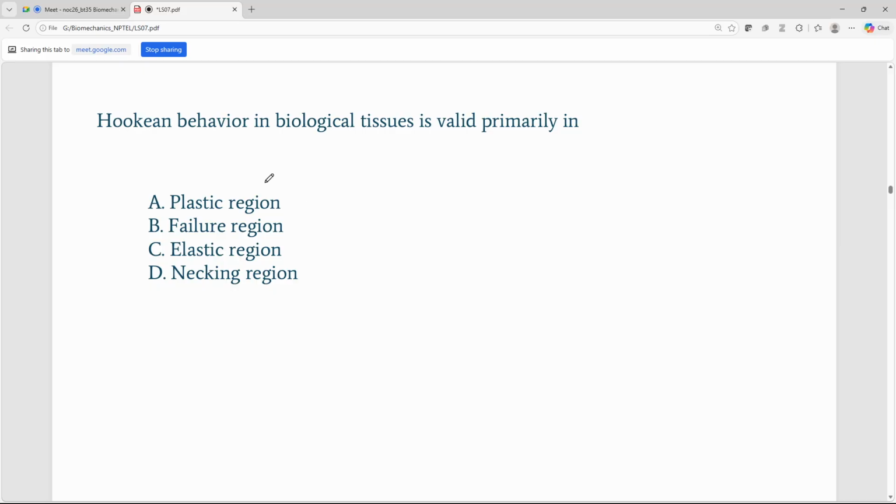Next question. Hookean behavior in biological tissue is valid primarily in which region? Options are option A, plastic region, option B, failure region, option C, elastic region, option D, necking region.